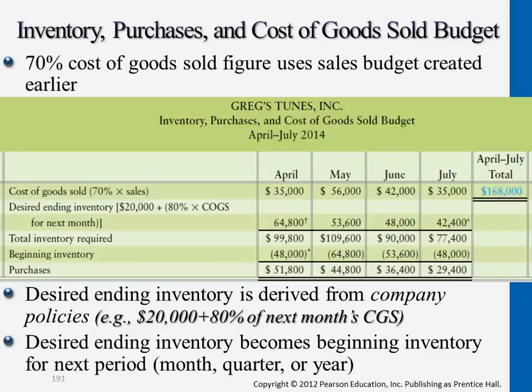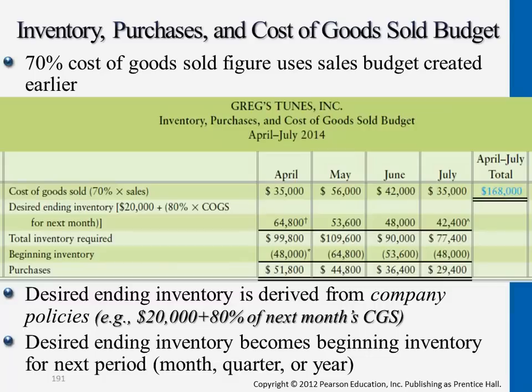Because we're budgeting this month's ending inventory, it must be something that we have left over in order to prepare for next month's sales, right? So they expect that ending inventory level to be at least $20,000, plus 80% of whatever next month's budgeted cost of goods sold is. Add it all together, this is the policy of how they get to that $64,800.